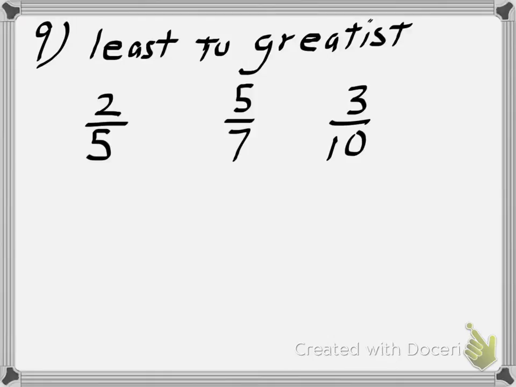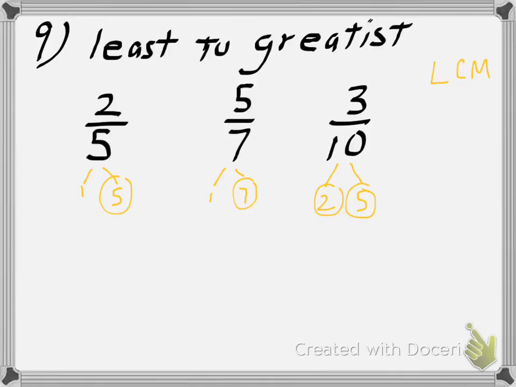Okay. This says to put these in order least to greatest. So the first thing we're going to need to do is come up with a like denominator, and we do that by finding the least common multiple. So therefore this is just 1 times 5, and 5 is prime. This is 1 times 7, and 7 is prime. This is 2 times 5, and 5 is prime.